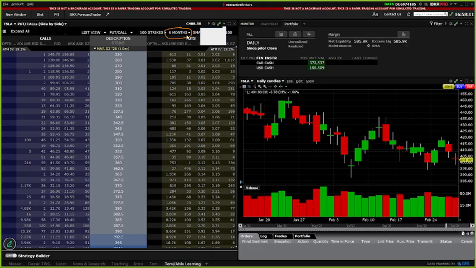Oh, you don't have it. Is yours showing list view? I think yours is not showing list view. Is this showing list or tabbed? That's why. I just want you to put 6 months.